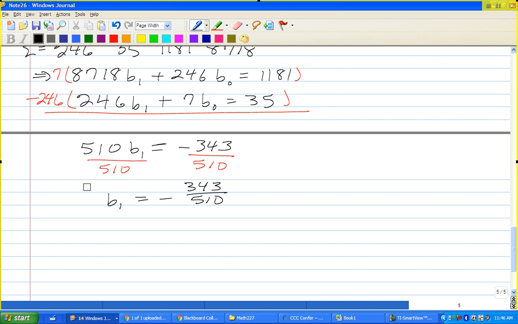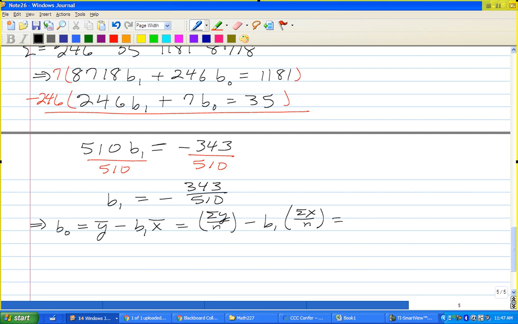Next, let's figure out B0. Well, that's just equal to the mean of y minus B1 times the mean of x. And so I get the mean of y. Well, that's just sum of y over n minus B1. The mean of x is sum of x over n.